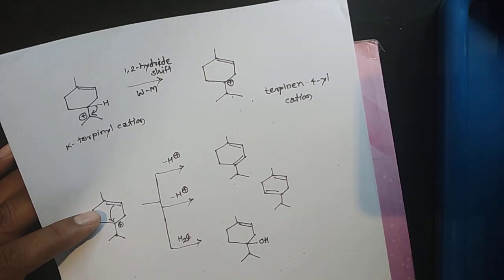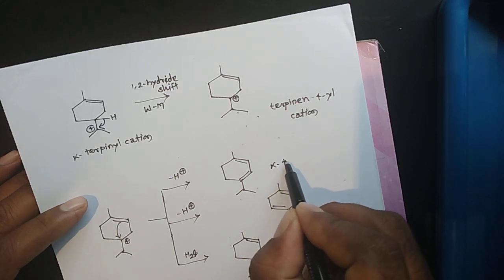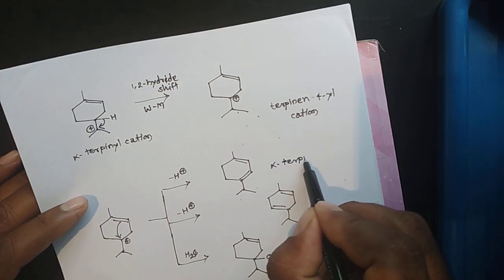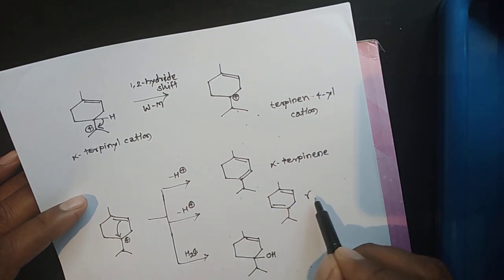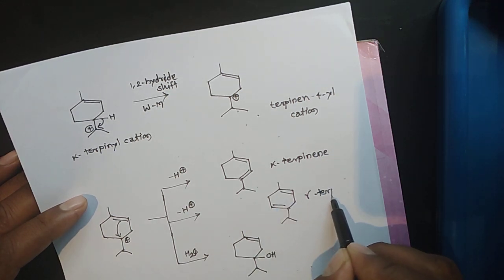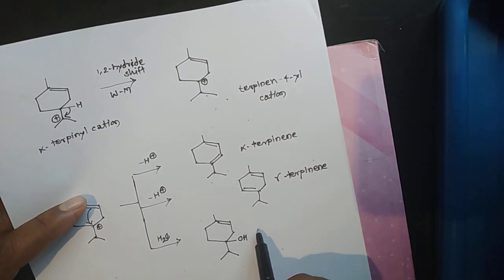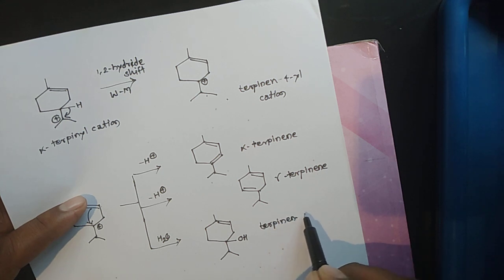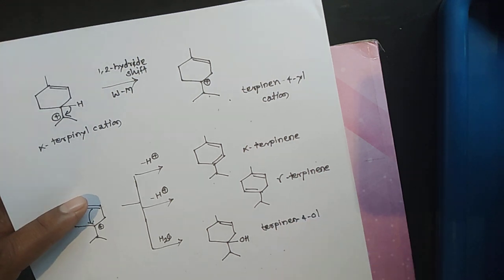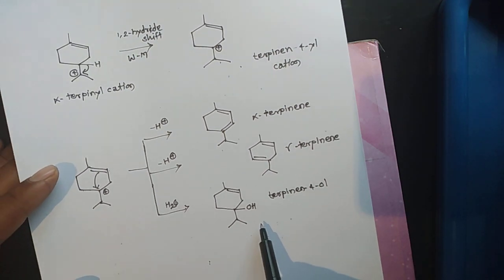We will give the names: this is alpha terpinene, this is gamma terpinene, and this is terpinen-4-ol, the alcohol at position 4, right?